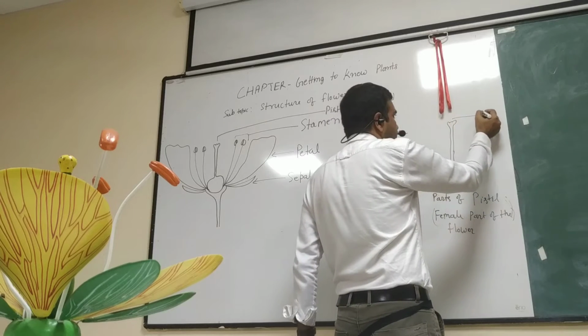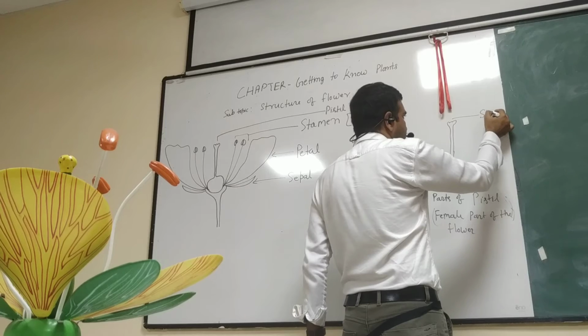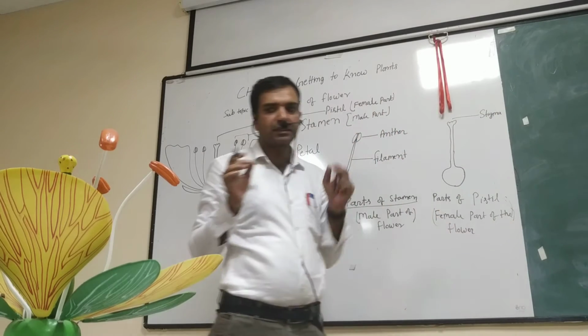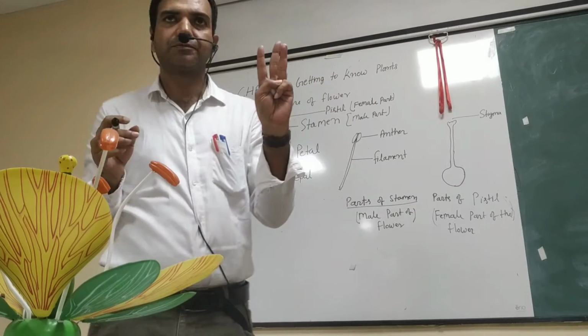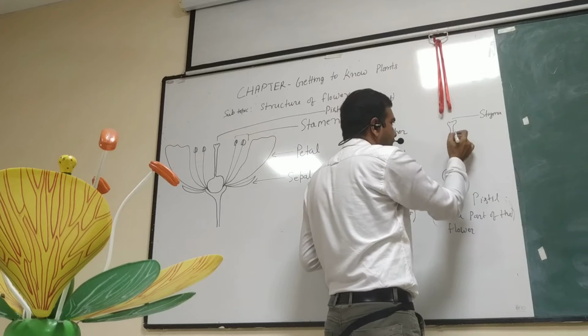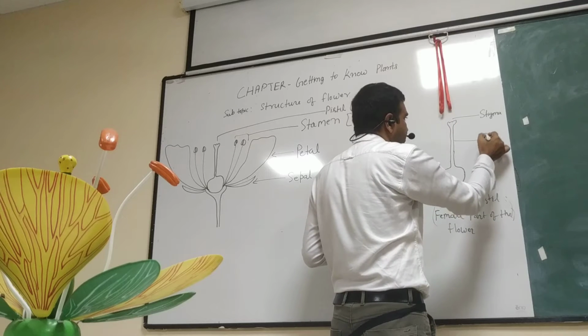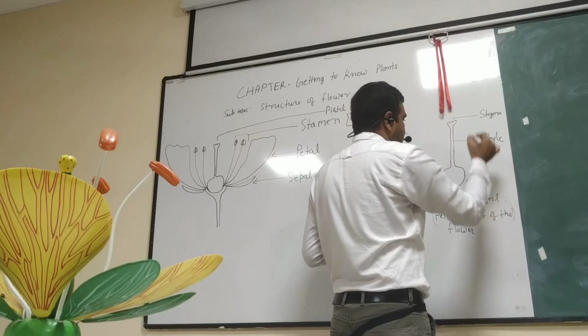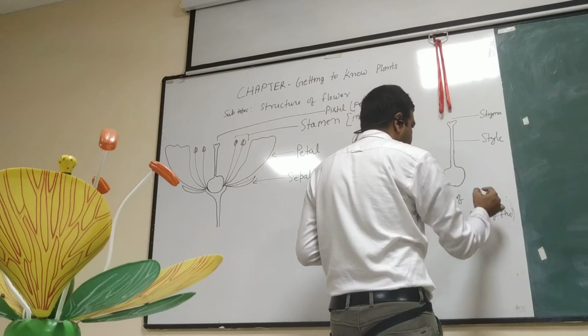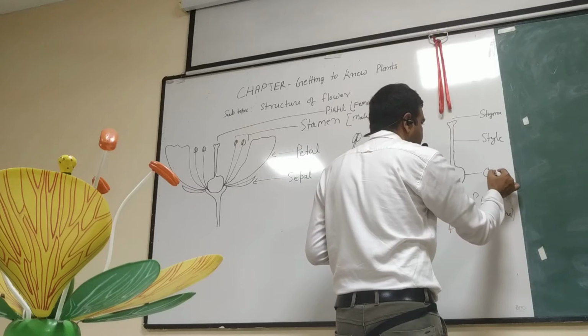It is called a stigma. The female part of the flower consists of three parts. Top is the stigma, then the cylindrical part which is known as style, and the basal swollen part of the pistil is called ovary.